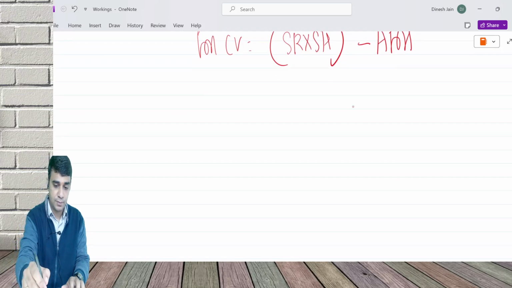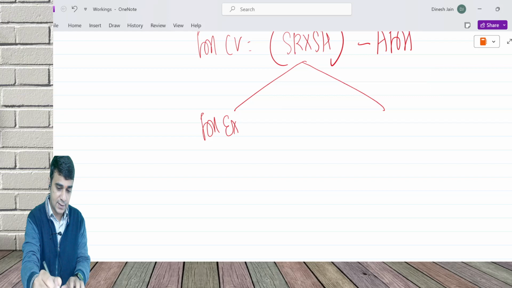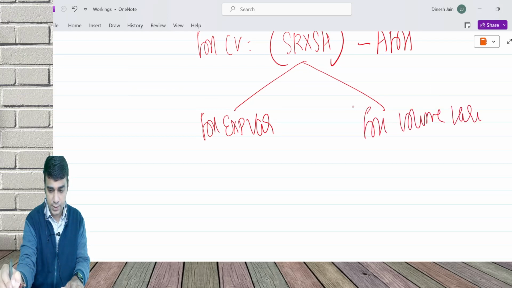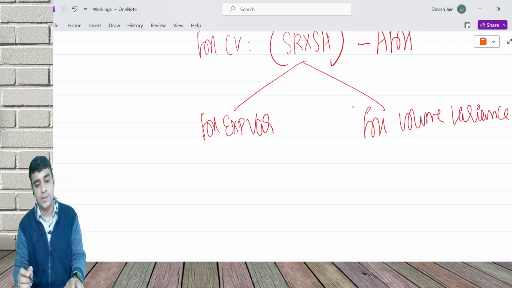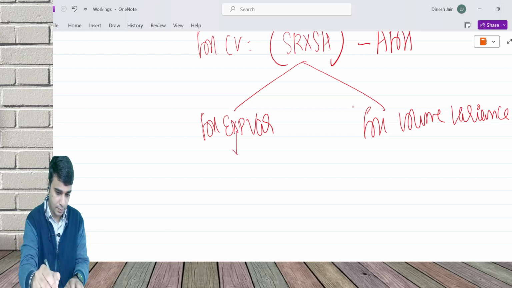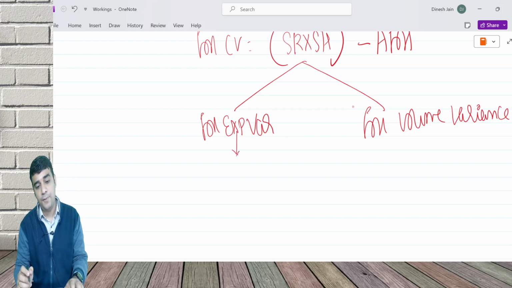Split into two: FOH expenditure variance and FOH volume variance. Expenditure variance and volume variance.